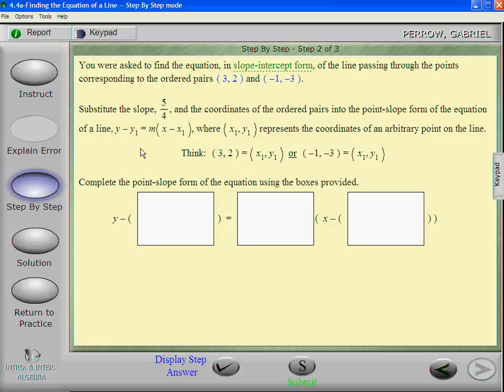So as a process, use this formula, and it says fill in y minus y1. Well, we originally defined y1 as being a 2. So y minus 2 equals, and then the formula says m, which is slope, so we'll plug in our 5/4, times x minus x1. x1 was 3.